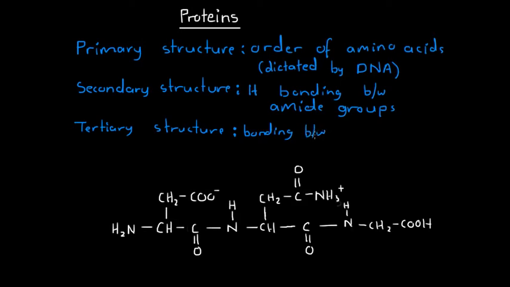We know that each amino acid has one carbon that has a carboxyl group and an amino group coming off it, and obviously the major group that dictates the behavior of the protein is the Z group, which also comes off that same carbon. So it's the bonding between the Z groups that dictates the tertiary structure of our protein molecule.